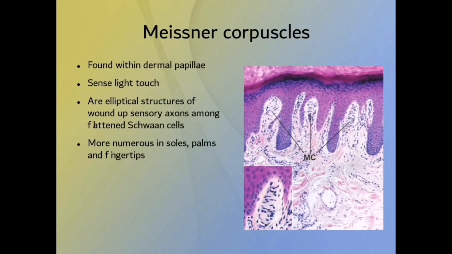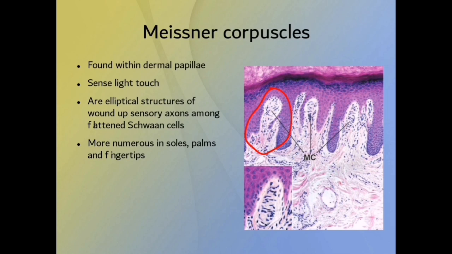Now, Meissner's corpuscles are tactile receptors again, but they sense light touch. They are found within the dermal invaginations into the epidermis, what we normally refer to as the dermal papilla.